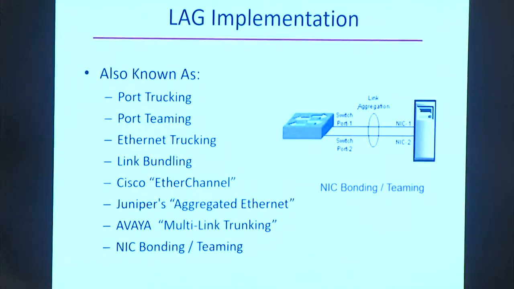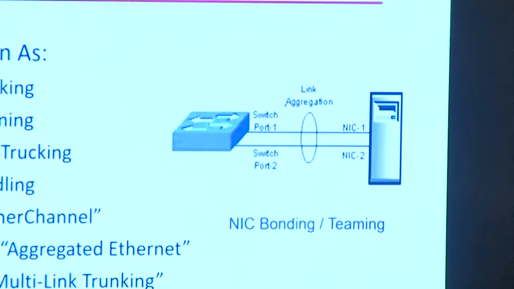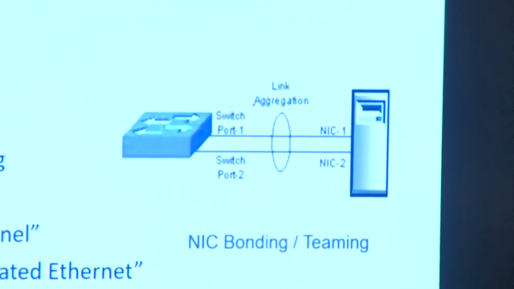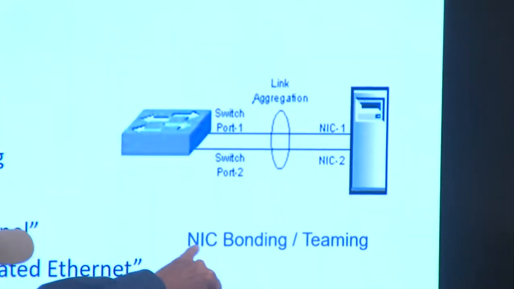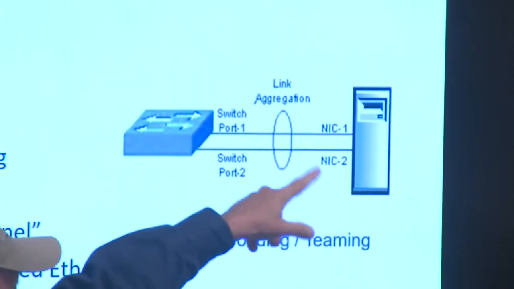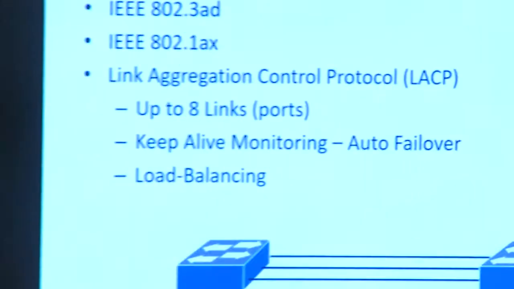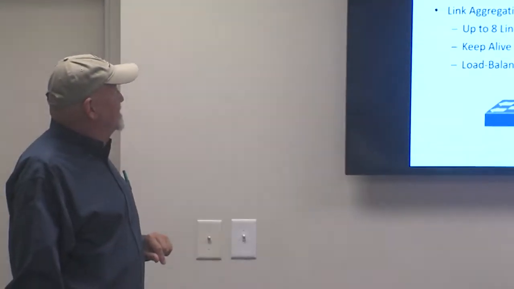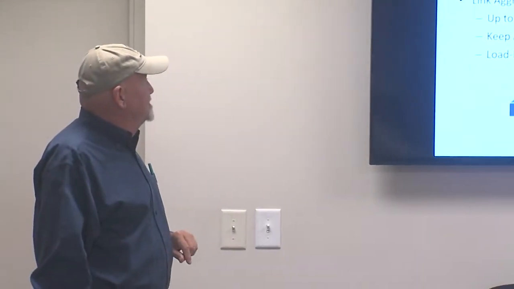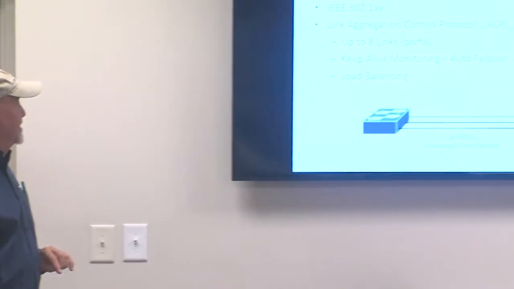And the standard just allows multiple physical connections to be bonded into one, and particularly for NIC or network interface bonding, that's commonly used in server applications. The standard has some terminology associated with it. Typically up to 8 links can be bonded together.